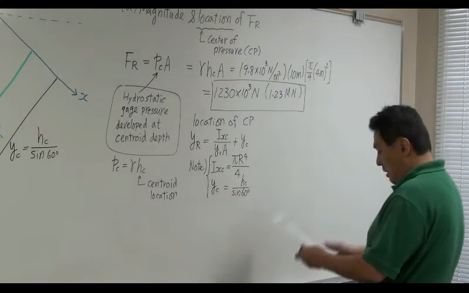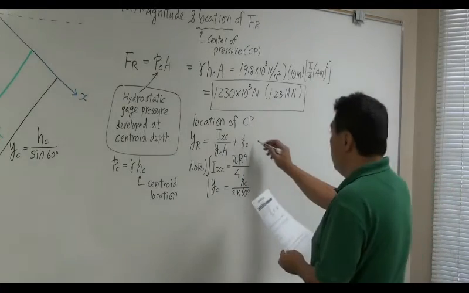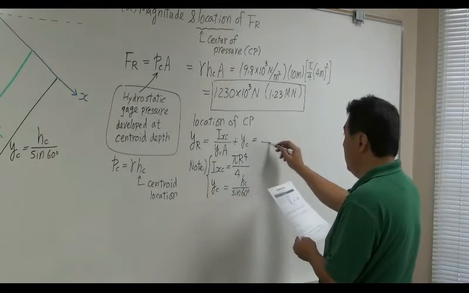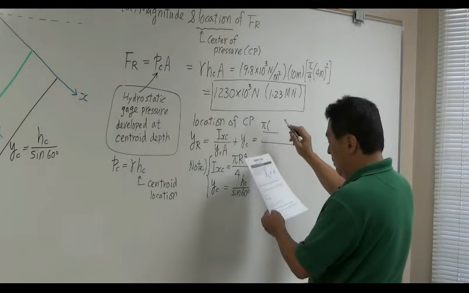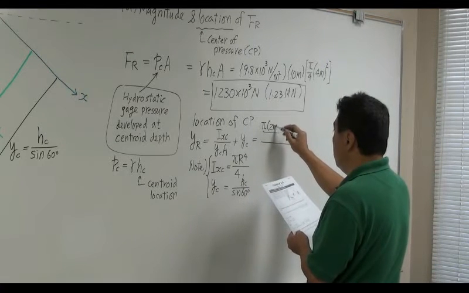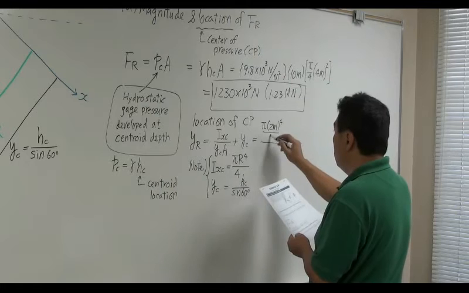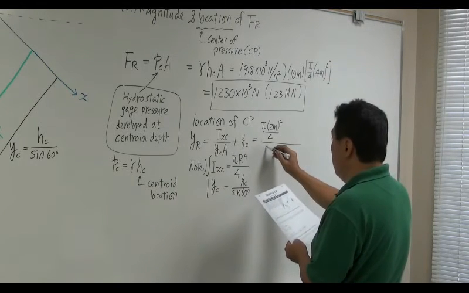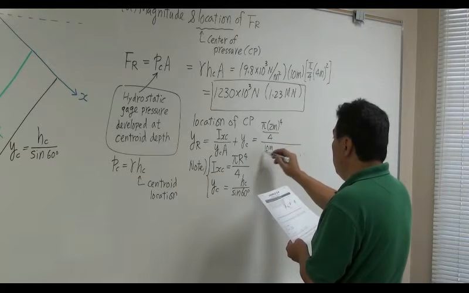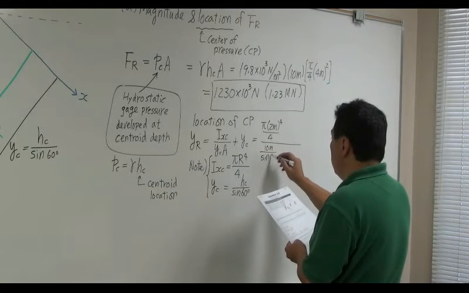Okay? So we are going to plug in those and find out YR. This is going to be pi times radius, which is 2 meters, to the power of 4 divided by 4. YC is HC, 10 meters, divided by sine 60.